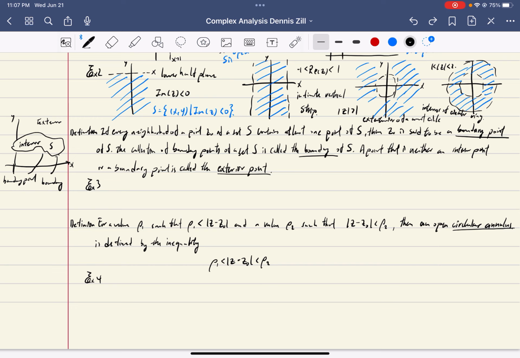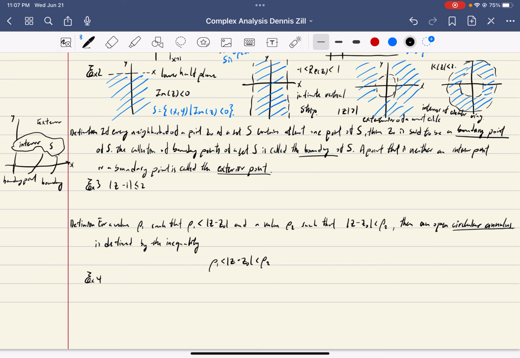For example, let's say we define a circle like this: the modulus of z minus i is less than or equal to 2, right?